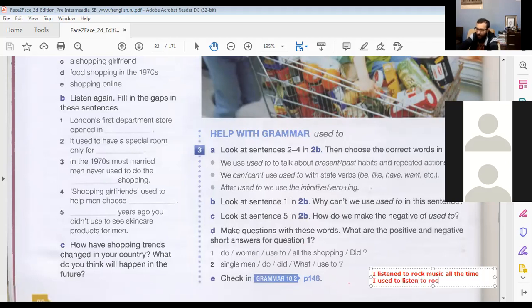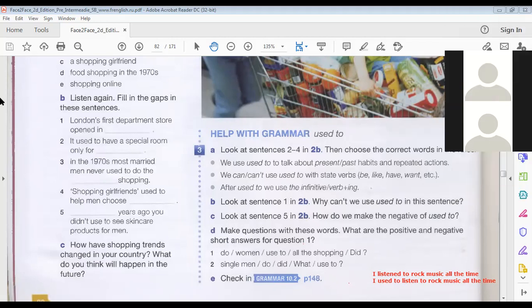These are two ways of talking about something that was a habit for me in the past. When I say I listened to rock music all the time, or I used to listen to rock music all the time, it's the same meaning. It's something that was a habit in the past, and it's not true anymore. It's over. So this is the idea.